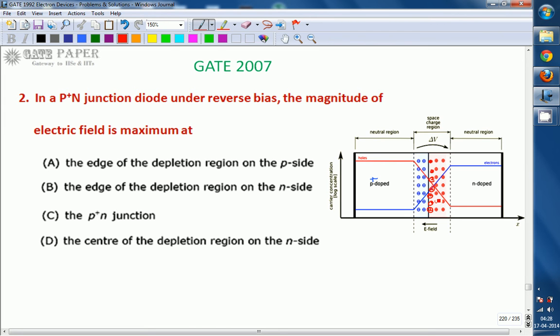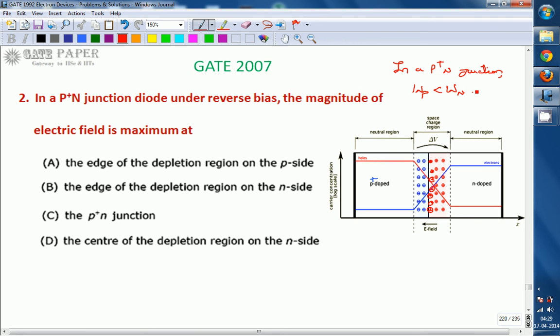In a P plus N junction, the width on the P side is very small compared to the width on the N side. Wp is the width of the depletion region on P side, Wn is the width of the depletion region on N side, so Wn is larger compared to Wp, since the N side is lightly doped.